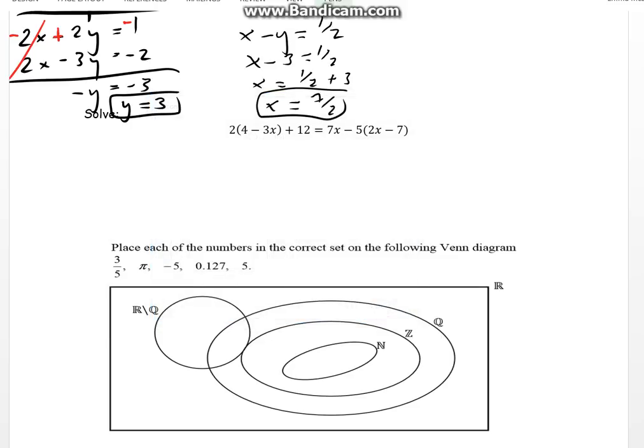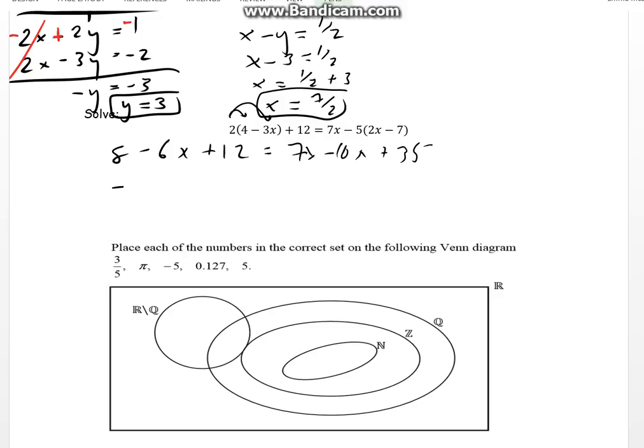Right, so the third question is probably the easiest out of the four of them. It was just solve. So you do your brackets, get your x on one side and find out what x is equal to. So we multiply the 2, just remember the 2 goes by the 4 and by the minus 3 because it's multiplying by everything in that bracket. So we'll have 8 minus 6x plus 12 equals 7x minus 10x plus 35.